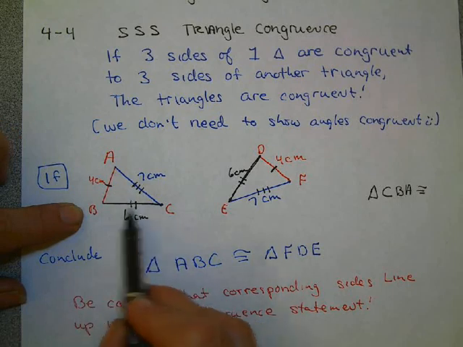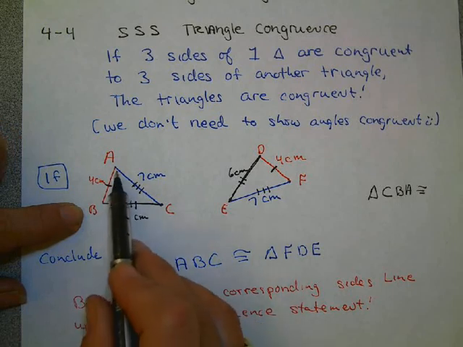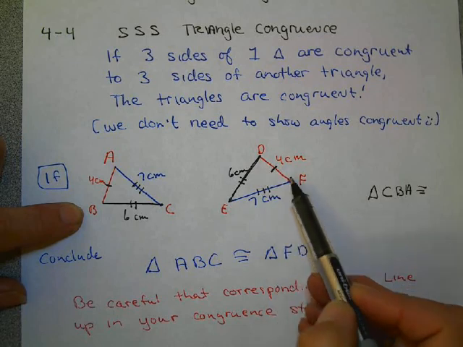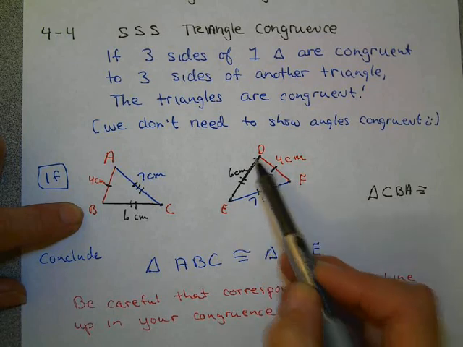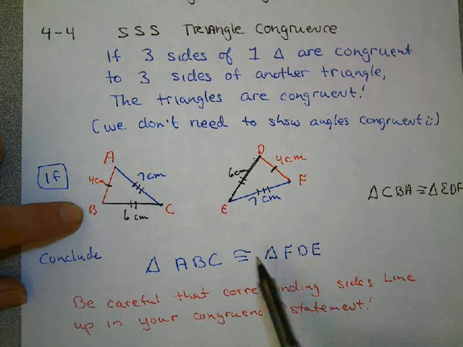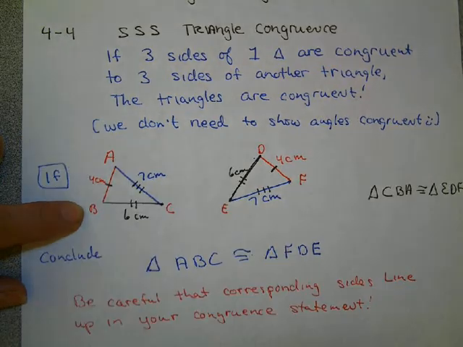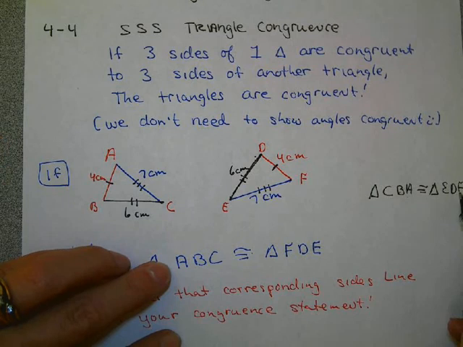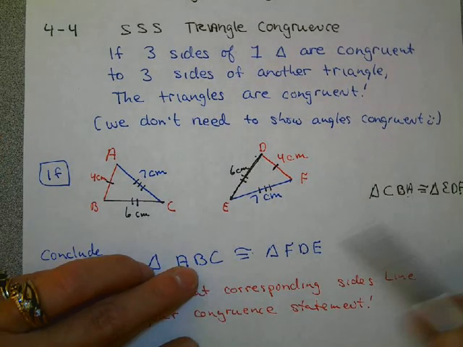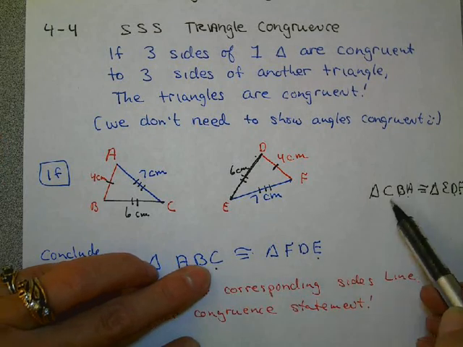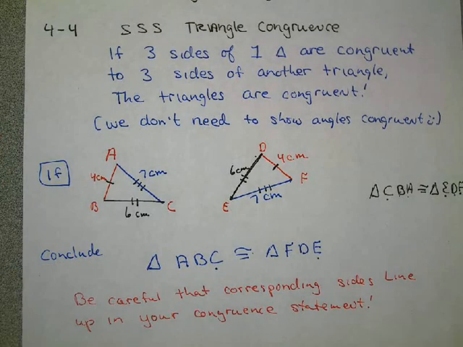So I'd have to call it E to D to F. So say triangle EDF. Both of these are valid congruence statements. You notice A lines up with F, B lines up with D, C lines up with E. So it doesn't matter which order you put them in, as long as whatever order you put this in, the corresponding parts work the same way in that one.